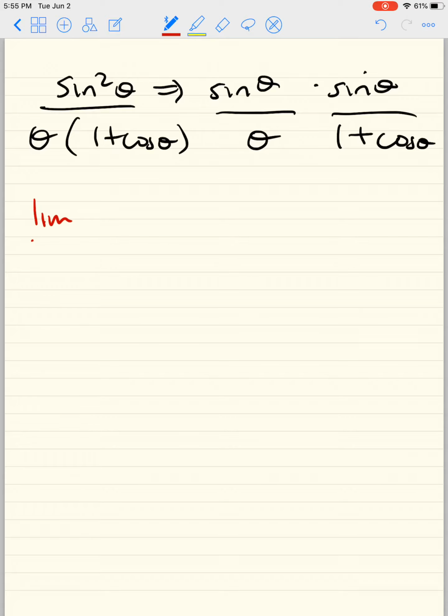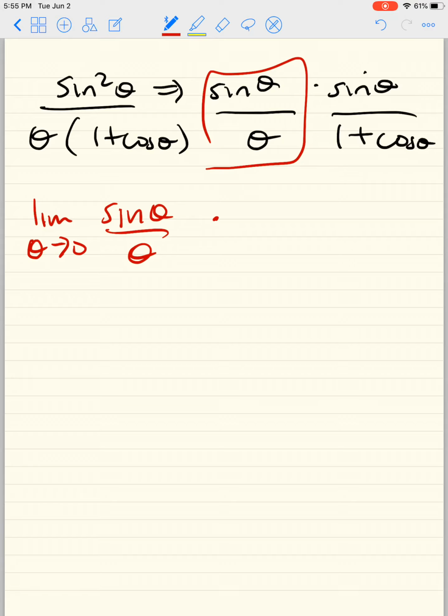The limit as theta approaches 0 of this guy here, if you remember my limit properties video, you can just separate each one, times the limit as theta approaches 0 of this guy here.